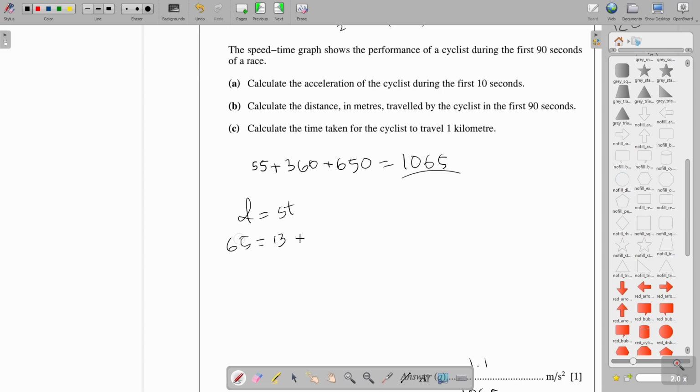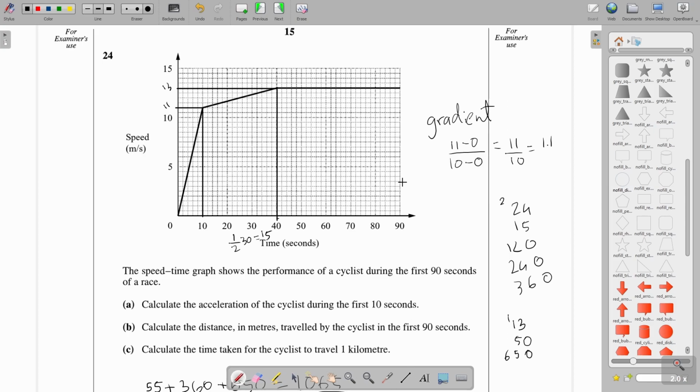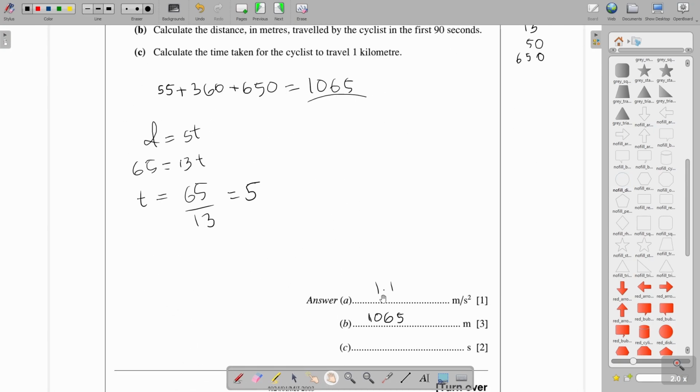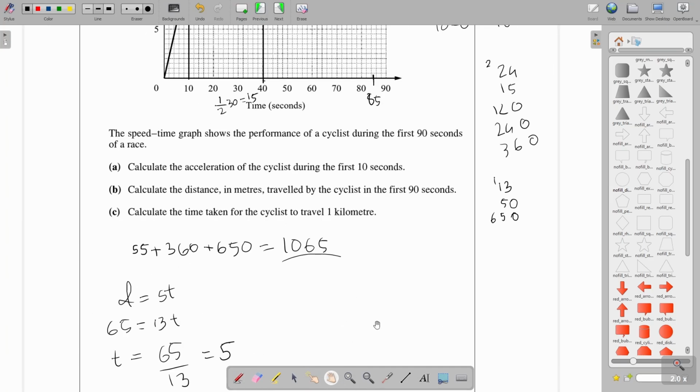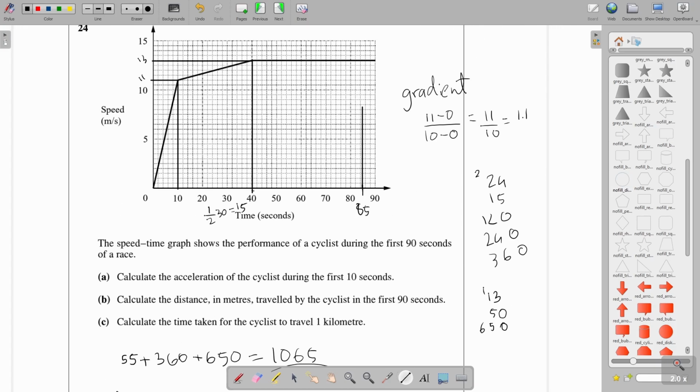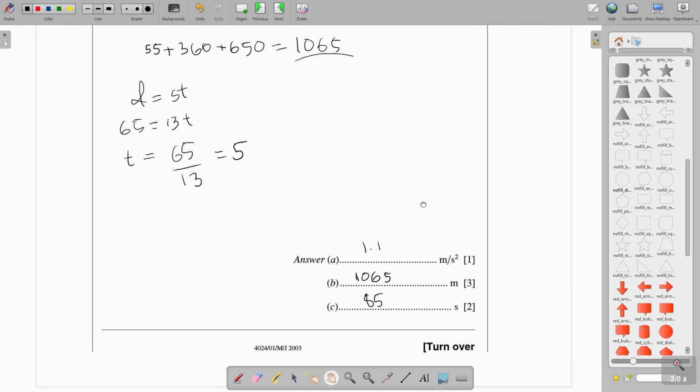Our distance is 65, and we're trying to find the time. The time will just be 65 divided by 13, which is 5. So if we take away 5 seconds from the 90 seconds, we have 85 seconds, which is when the cyclist reached 1 kilometer. So 85 seconds. And if we actually want to show that as well, just the area of this bit would be 65. All right, easy question. Let's move on.